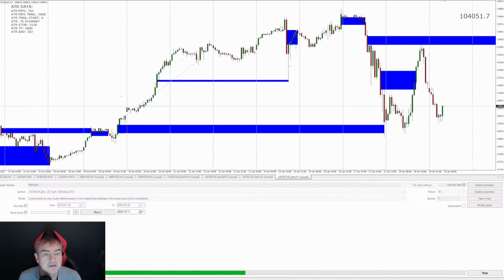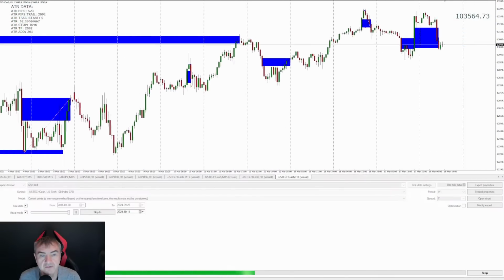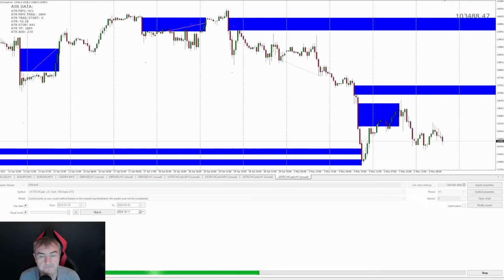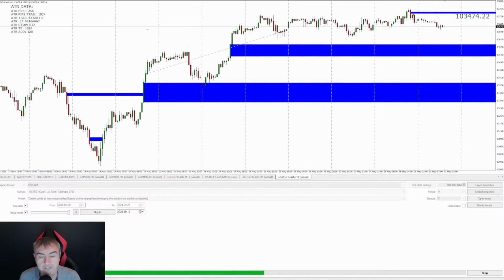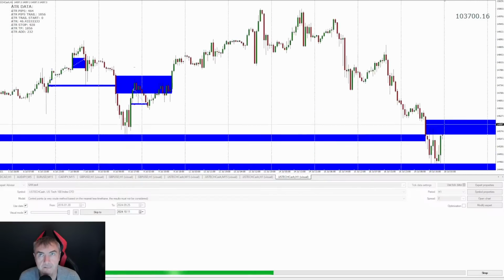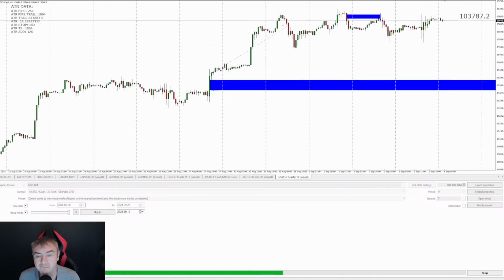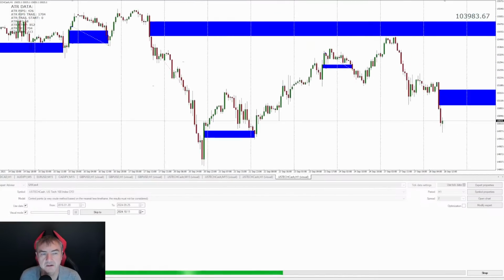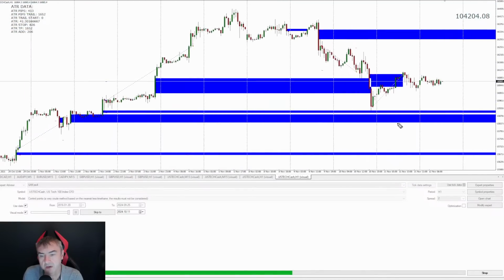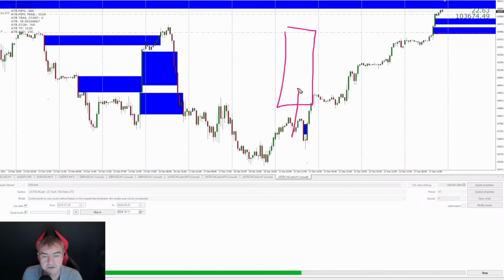VT, does it make sense to use more propulsion gaps which are visible at the same time in multiple time frames? Not really. If you think about what you're saying, let's say, for example, we use a propulsion gap on an H1 chart.